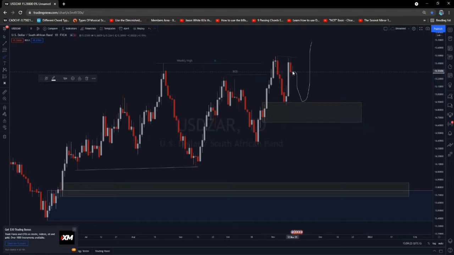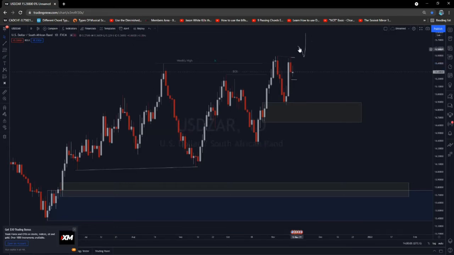Or the market breaks through this next week, forms an order block here, retests that order block, move up. Or if this area cannot hold, we start looking for sells, and then we can buy from this area over here. These are the three scenarios that I see for happening on USDZAR.